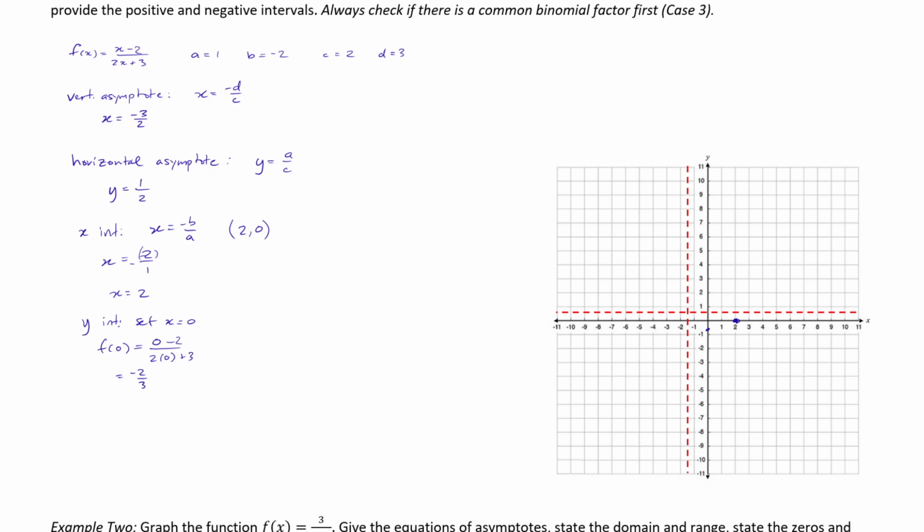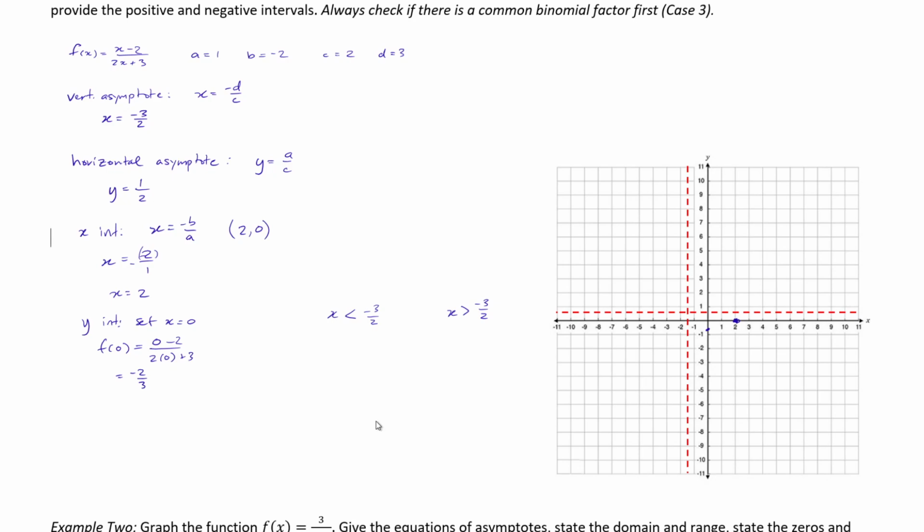But what we can do though is look at the behavior around the vertical asymptote, right? So I'm going to do an interval table here. And so I'll do my interval table right here. So x less than the vertical asymptote at negative 3 over 2, and x greater than negative 3 over 2.